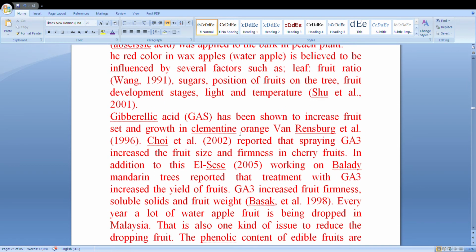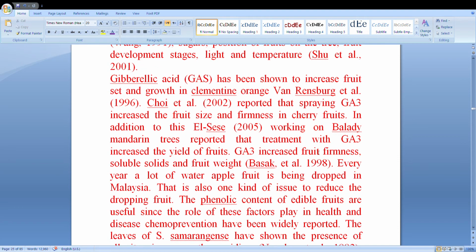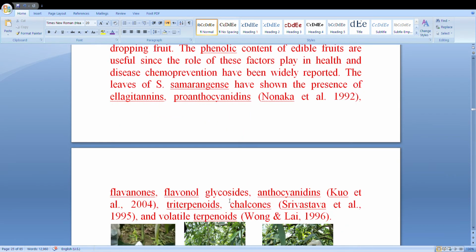Gibberellic acid has been shown to increase fruit size and growth in clementines, oranges, and others. Different scientists gave very good data. They increased fruit firmness, soluble solid sugars, and fruit growth, and got fewer fruit drops, among other phenomena.